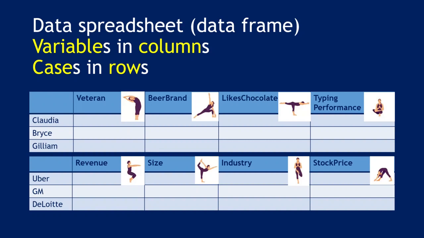revenue a variable. The reason why I have these yogi logos here is to remind you that every variable is like a yogi. They have different shapes, they have different poses, they have different spreads, they have different centers, and you can measure their height and weight and spread and shape in specific ways.